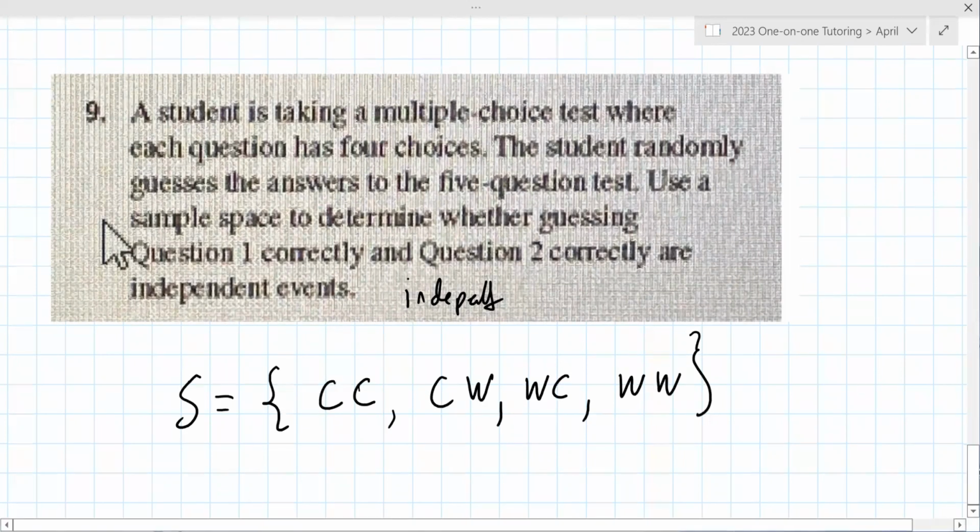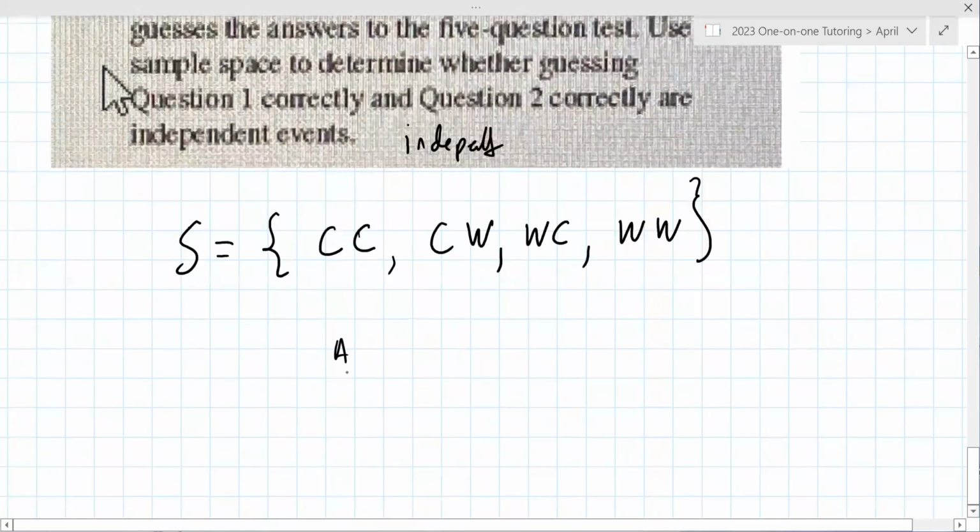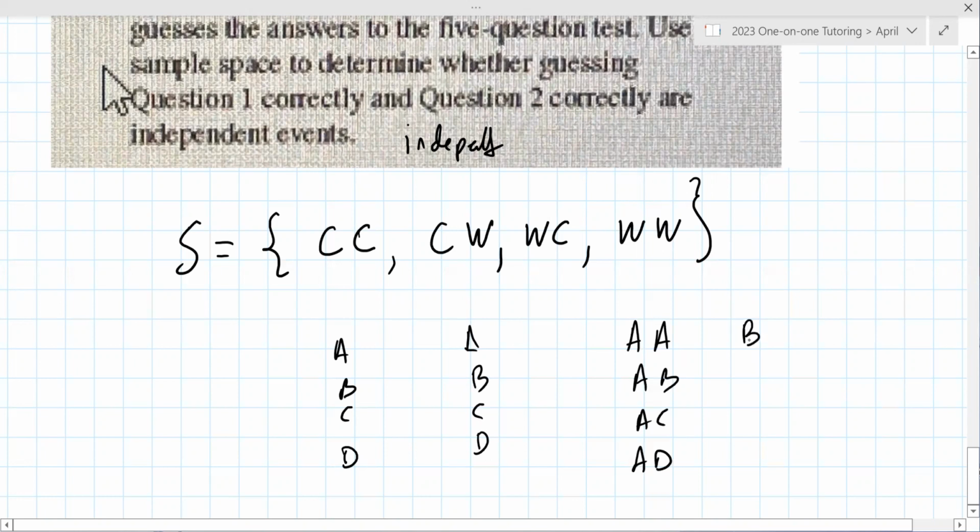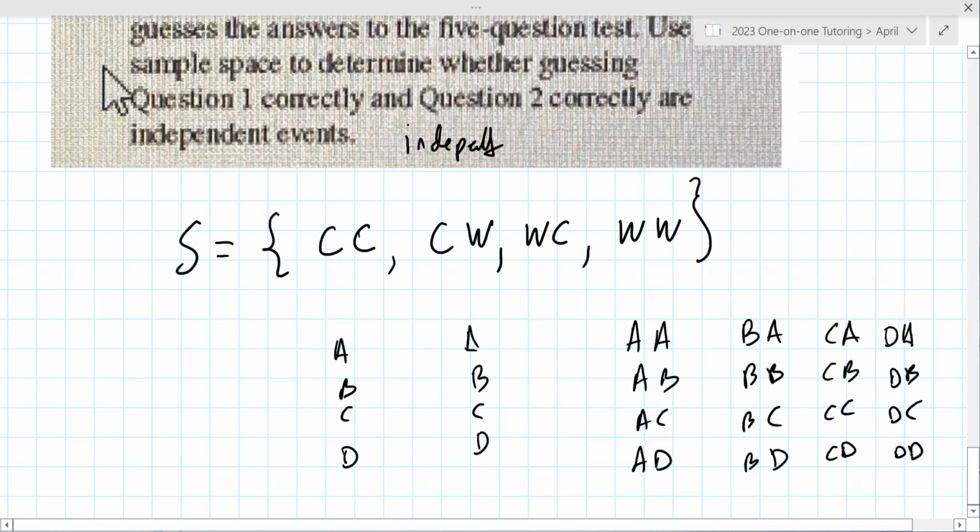If you look within the question itself, the first question has A, B, C, or D, and the second question is A, B, C, or D. You could guess A, B, A, C, A, D. And for the next, you could also guess B, A, B, B, B, C, B, D. And then C, A, C, B, C, C, C, D, D, A, D, B, D, C, D, D. There's only one possibility out of these 16 that you're correct.